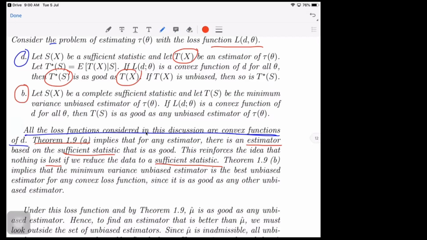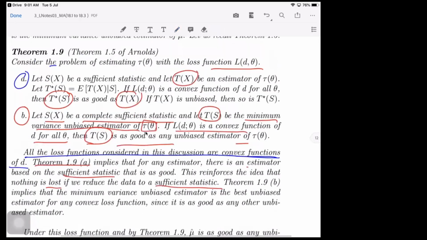Okay, the next is if you have a complete sufficient statistic and you have a function of that complete sufficient statistic, which is an MVUE for tau theta, then if your loss function is convex for all d in theta, then your T of S is also as good as any unbiased estimator for theta. So what is the meaning of this?